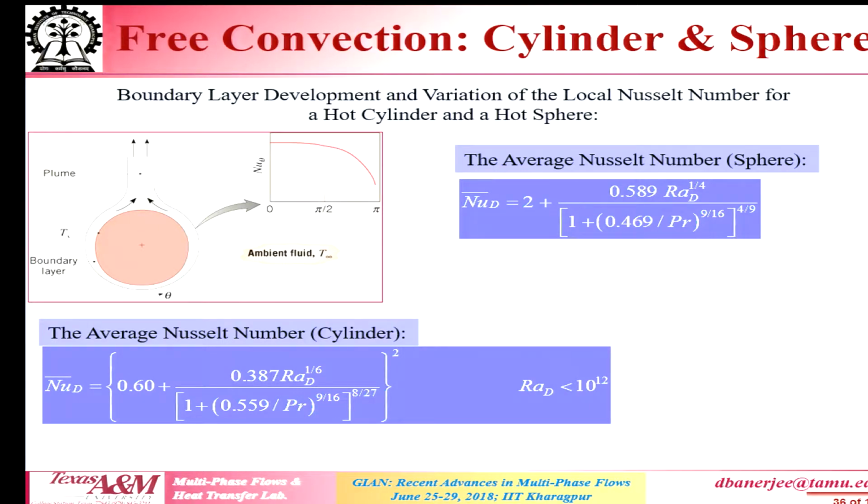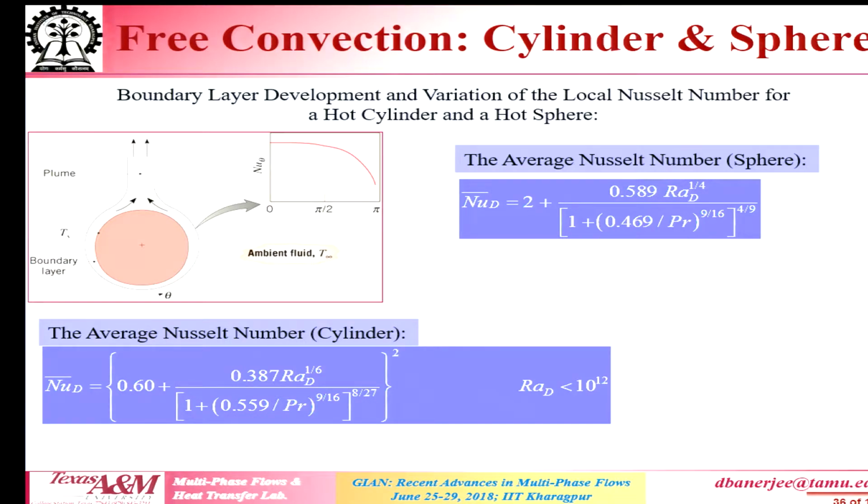But in any case, one interesting thing about heat transfer over a curved object like a cylinder or a sphere is the last 30%. If you look at the Nusselt number as a function of angle, with theta starting here and going up all the way over here, it decreases very sharply for the last 30% of the surface.